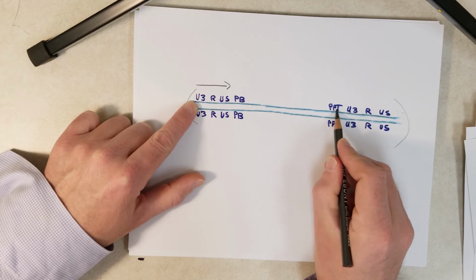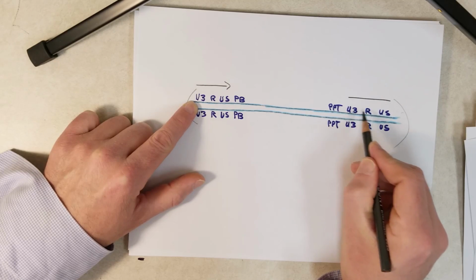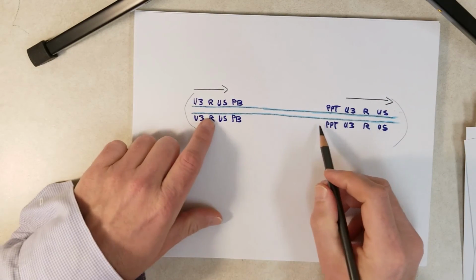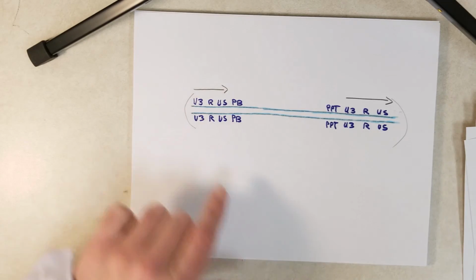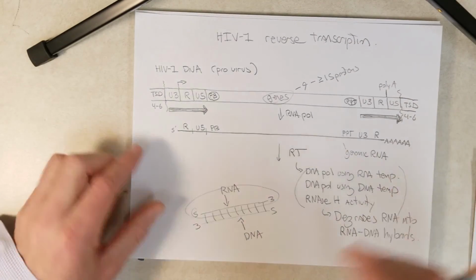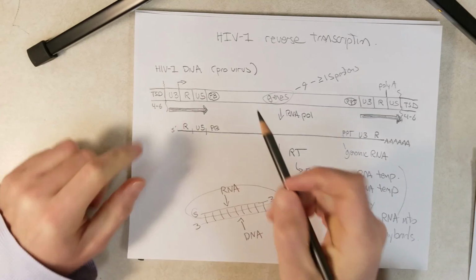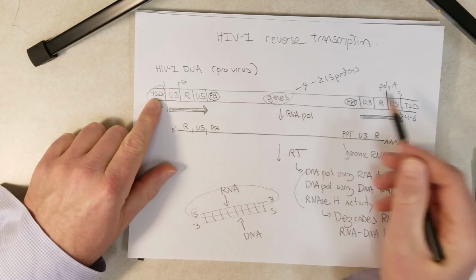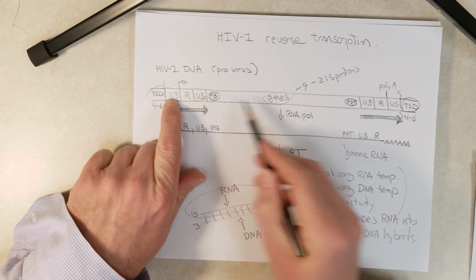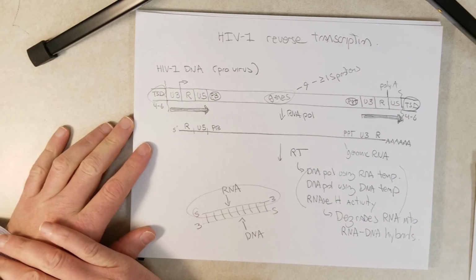Then over here we have the PPT, followed by, again, the LTR. So U3, R, U5. Now this is ready to be integrated into the genome. And what will that do? I'm going to go over the integration process in the next video, but that will lead to target site duplications, and it will give us the LTRs into the genome with the rest of the viral sequences.